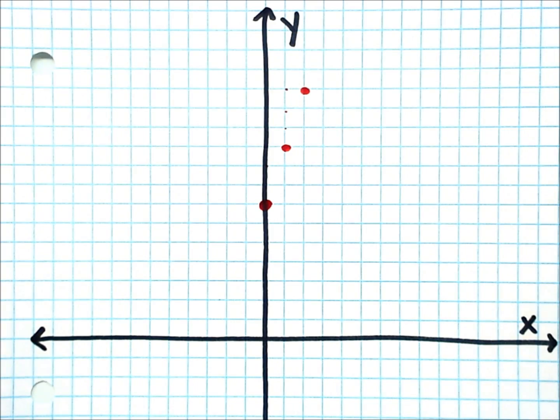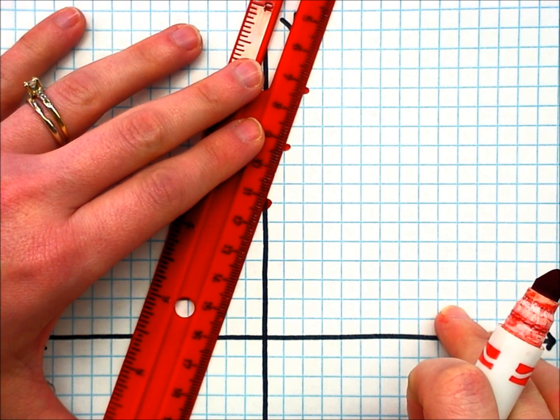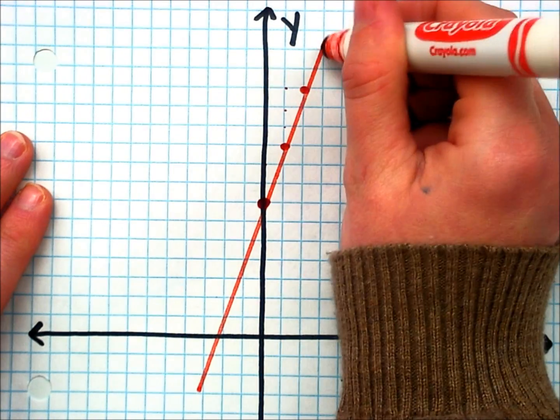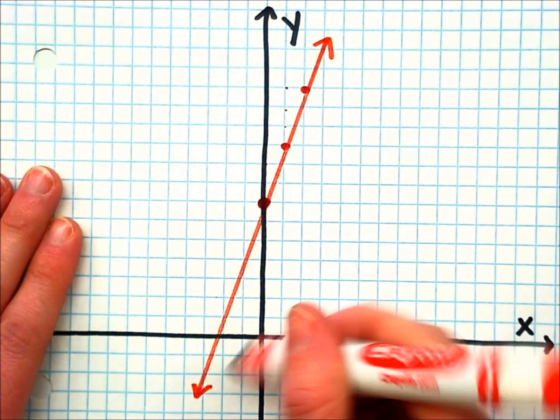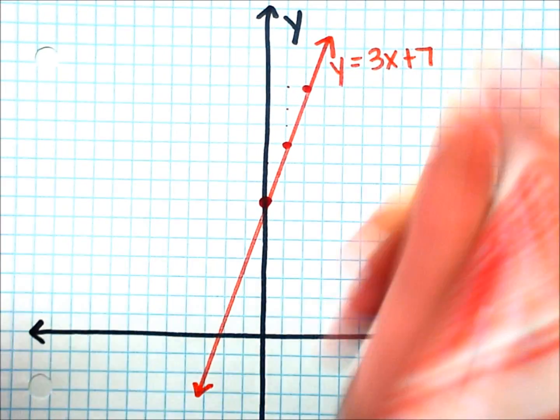And I'm going to take my ruler and draw this line. This is the graph of the equation y equals 3x plus 7.